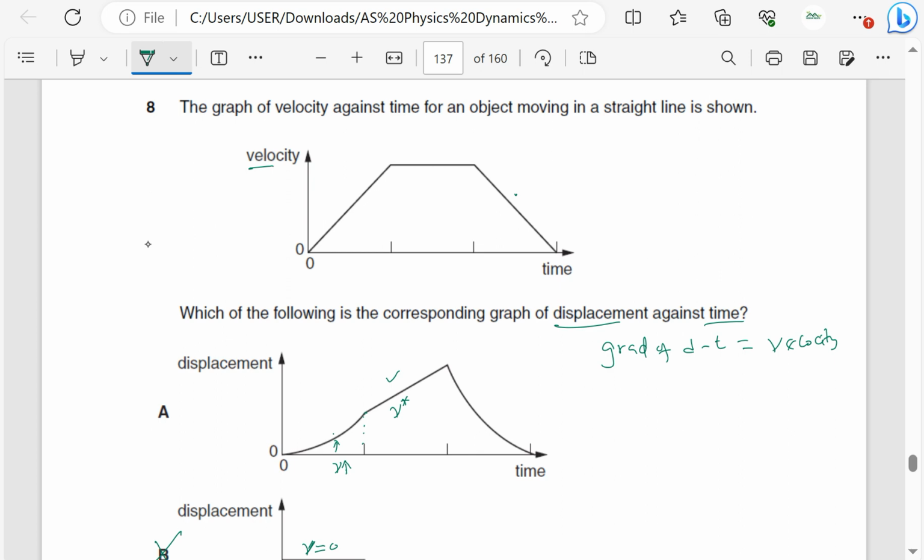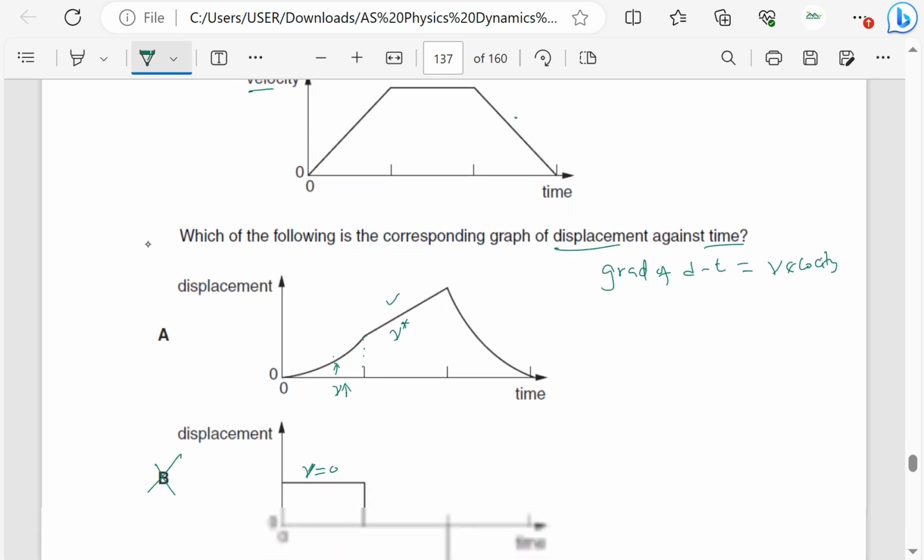But there has been no change in direction. Yet this one is showing velocity is decreasing, but in the opposite direction. The gradient here is negative. That means there has been a change in direction.